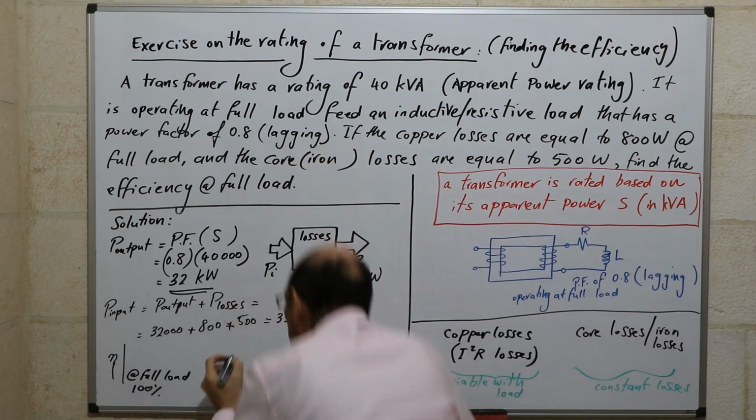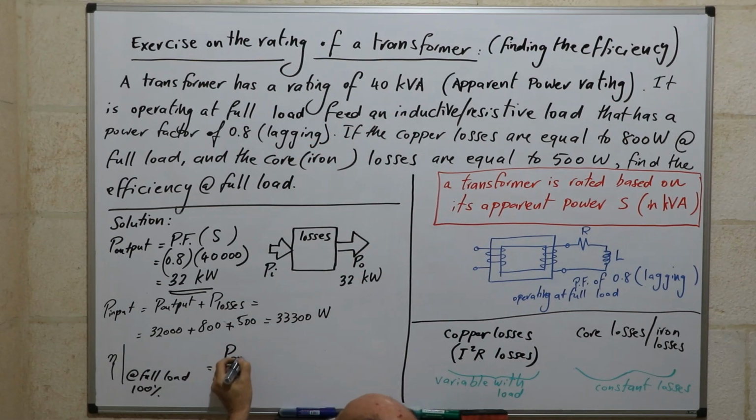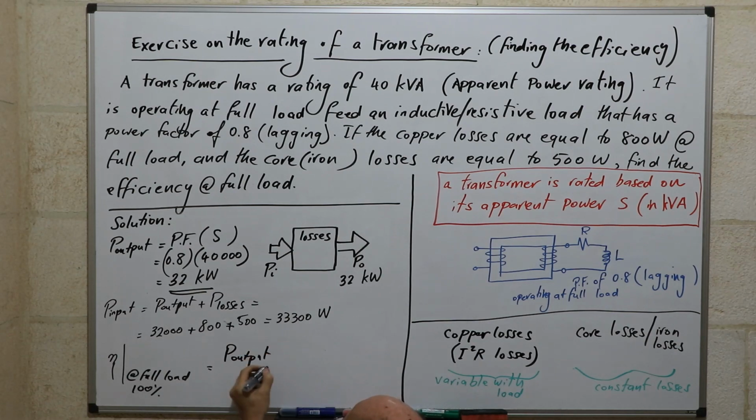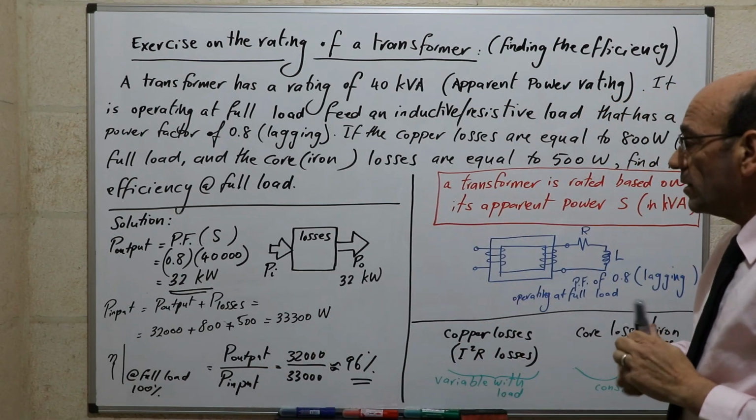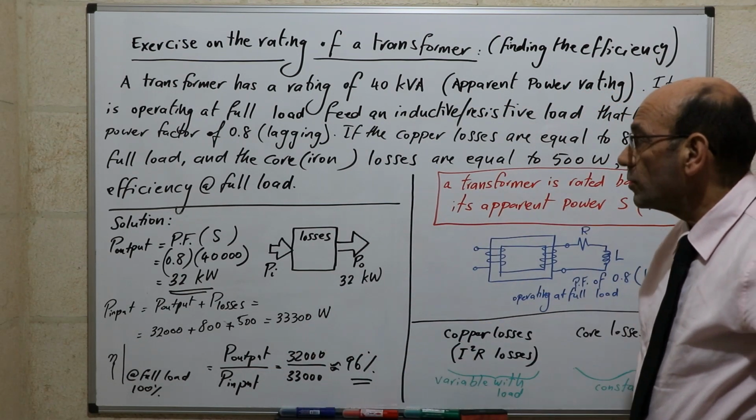So this will be equal to the output power divided by the input power, and that's equal to 32,000 divided by 33,300, and that's approximately equal to 96%. So 96% is the efficiency under full load conditions.